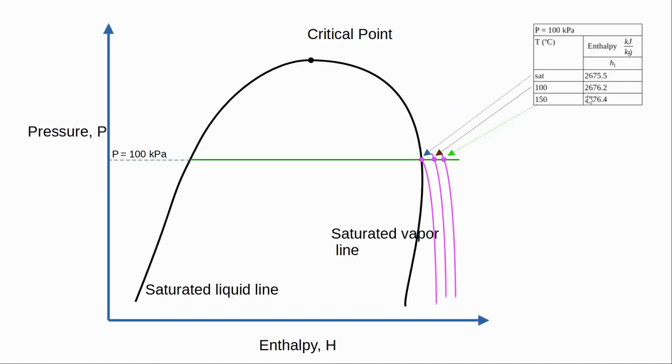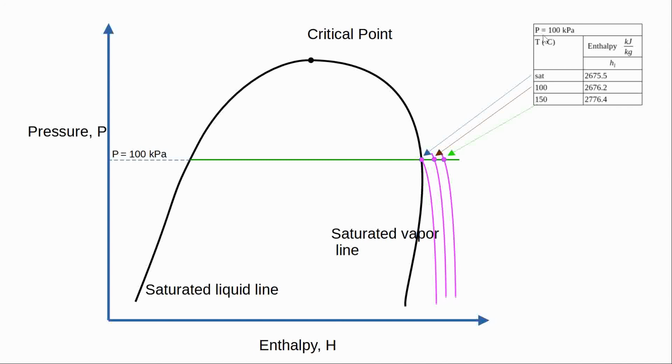Let's go to the next slide. Now, beyond the saturated vapor line, we have the superheated region of the vapor. In any steam table, you also have the superheated region tables. These tables are pressure wise, they are written as functions of pressure.